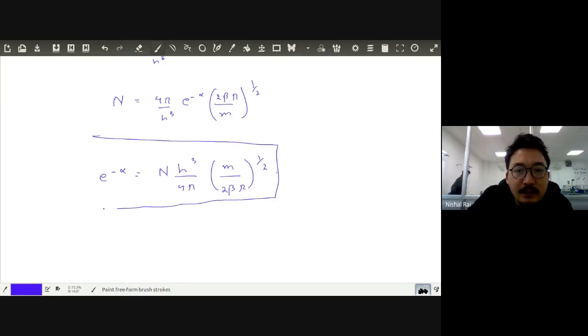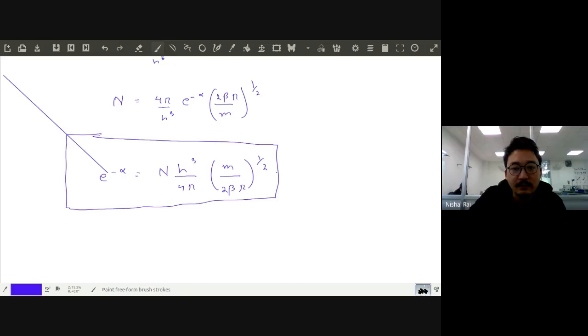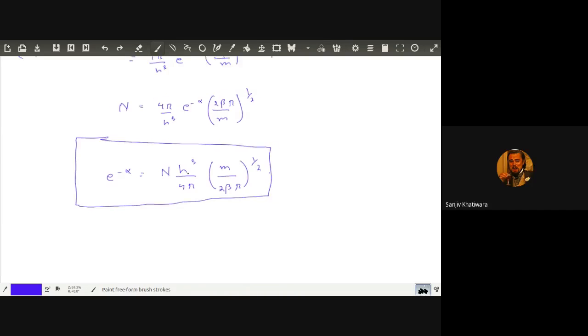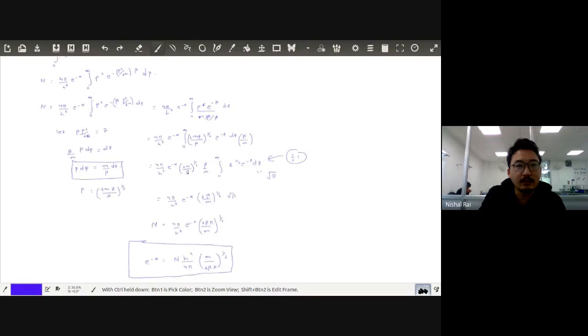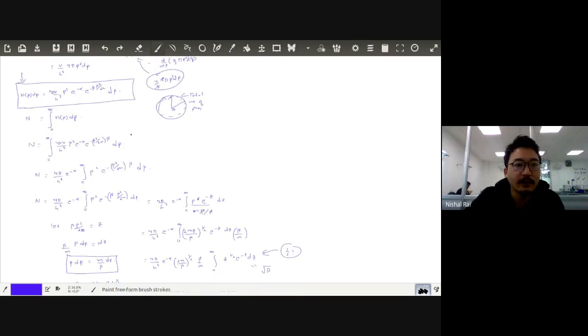Now basically this is e to the power negative alpha. So here you have determined one of the constants. Clear? Is it clear? So you can substitute this into your equation over here.